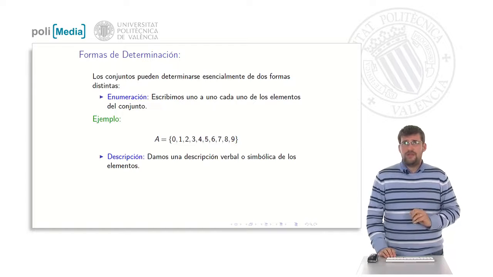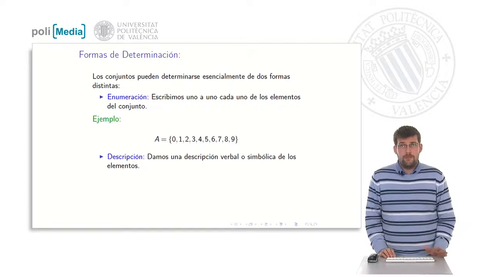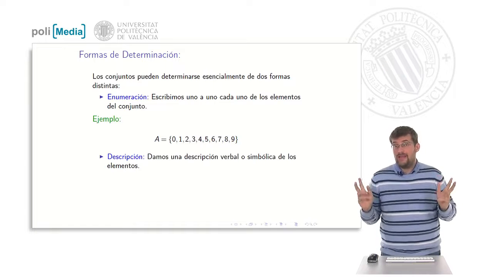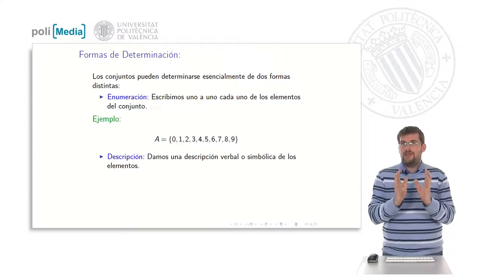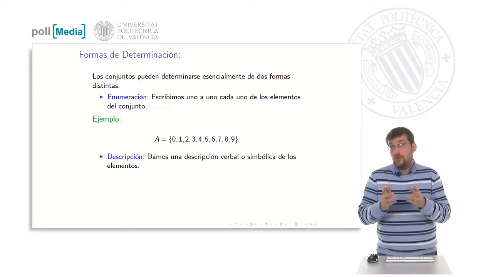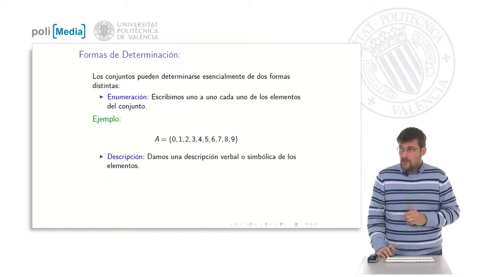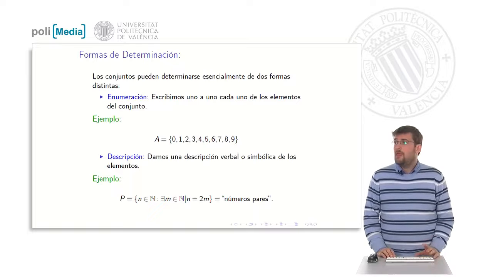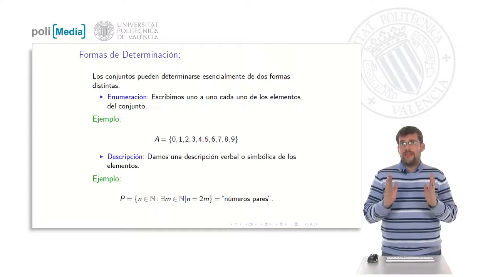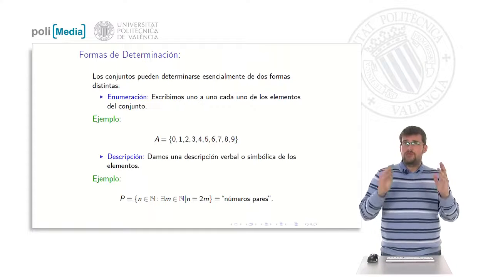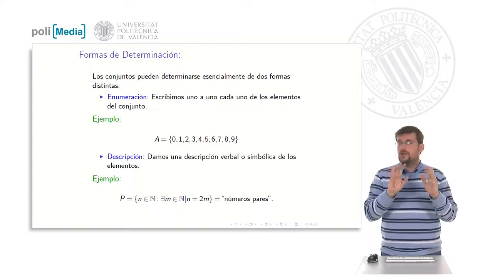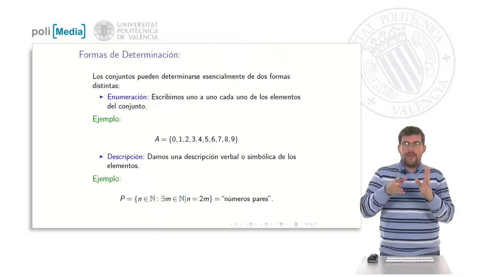The second way to define sets is by description, which can employ either a mathematical or a literal expression to specify the elements that belong to the set and those that do not. Here, we have an example with a set called P. Its formal mathematical definition can be represented by the second expression we encounter. We open and close the curly brackets, specifying that P contains n numbers from the set of natural numbers, where there exists an m in the natural numbers such that n is twice m.